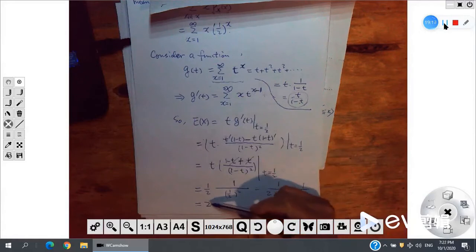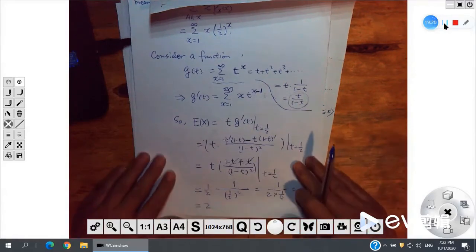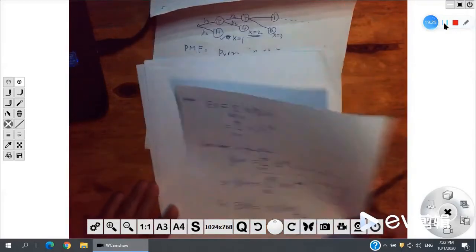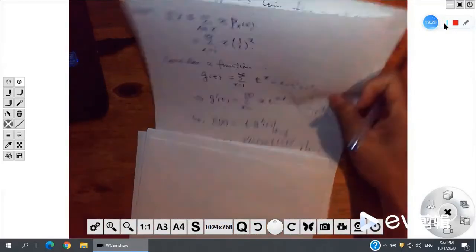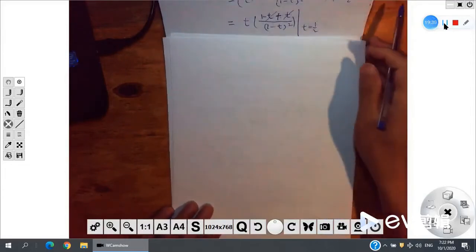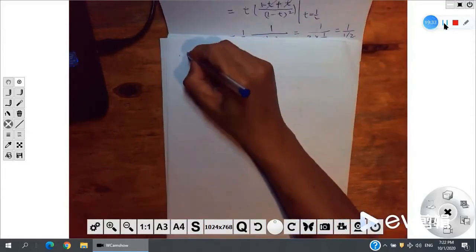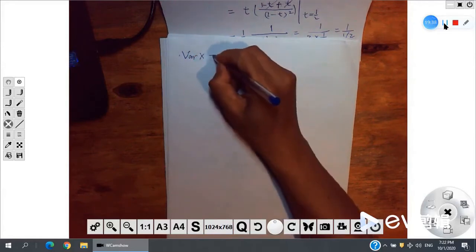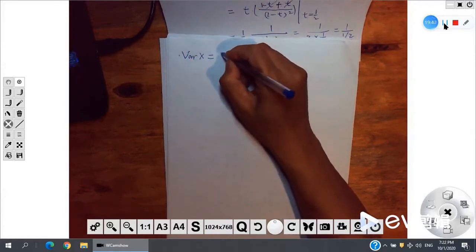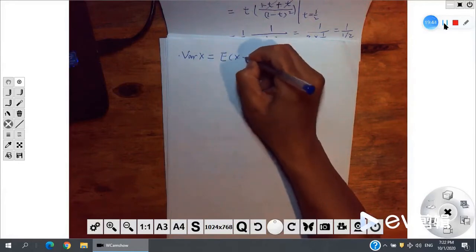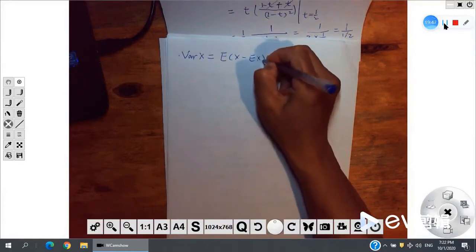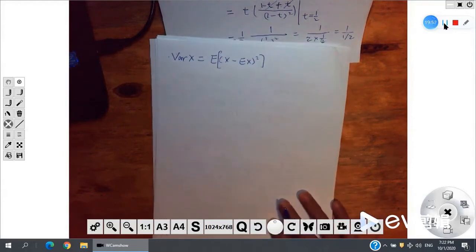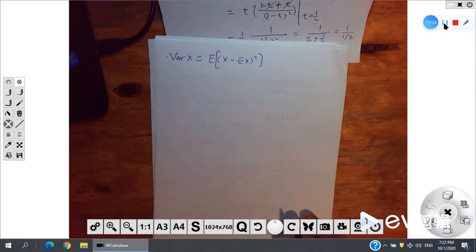E[X] is 2. Alright. And we can have another value, the variance, not variable. The variance of X, we know it is E[(X minus E[X])^2], right? To calculate this, here we have a formula.